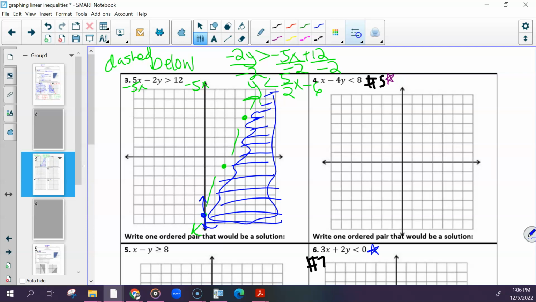Someone give me one ordered pair that would be a solution. 3, -1. 3, -1.